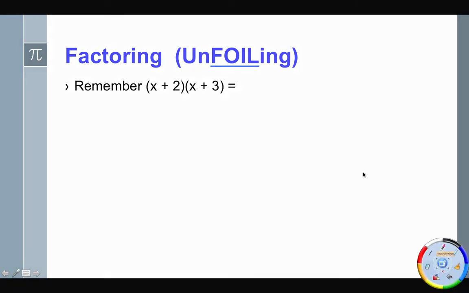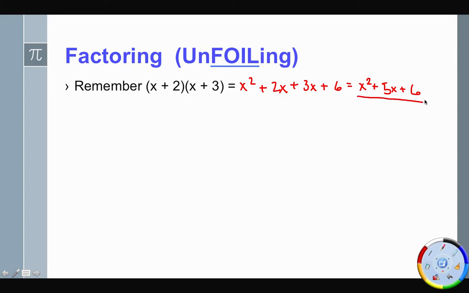So we remember that when we FOIL this problem here, we get x squared plus 2x plus 3x plus a 6 at the end, and we simplify this down to x squared plus 5x plus 6.